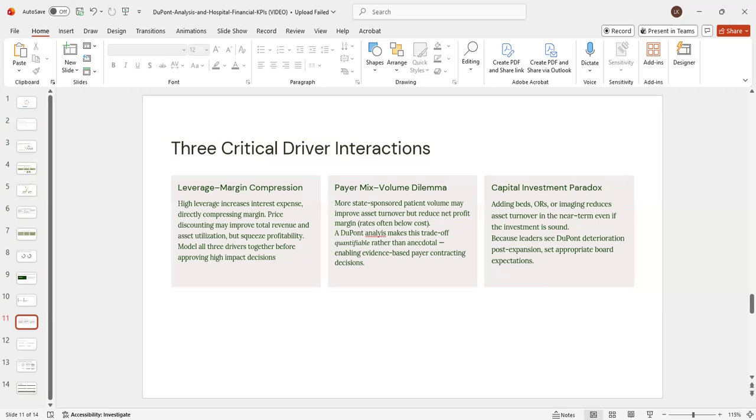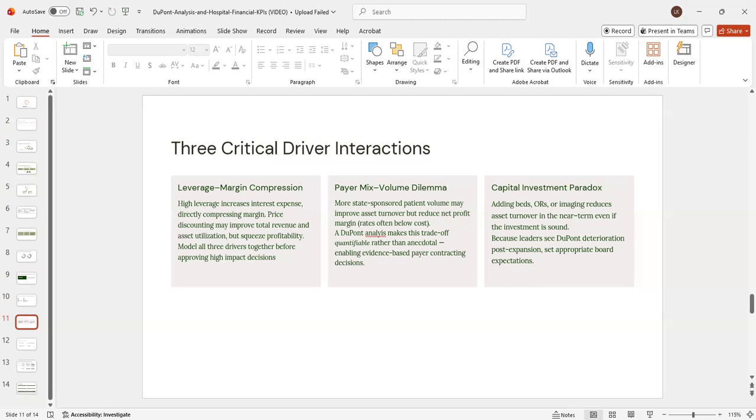So managing the length of stay tightly does good things for your profit margin. It also frees up additional beds faster, which means now you can handle greater throughput, which means you can handle more cases with the same capacity, which means your asset turnover is also high. So just by managing length of stay, you have had two benefits, namely profit margin as well as asset turnover, two of the three components of the DuPont equation.